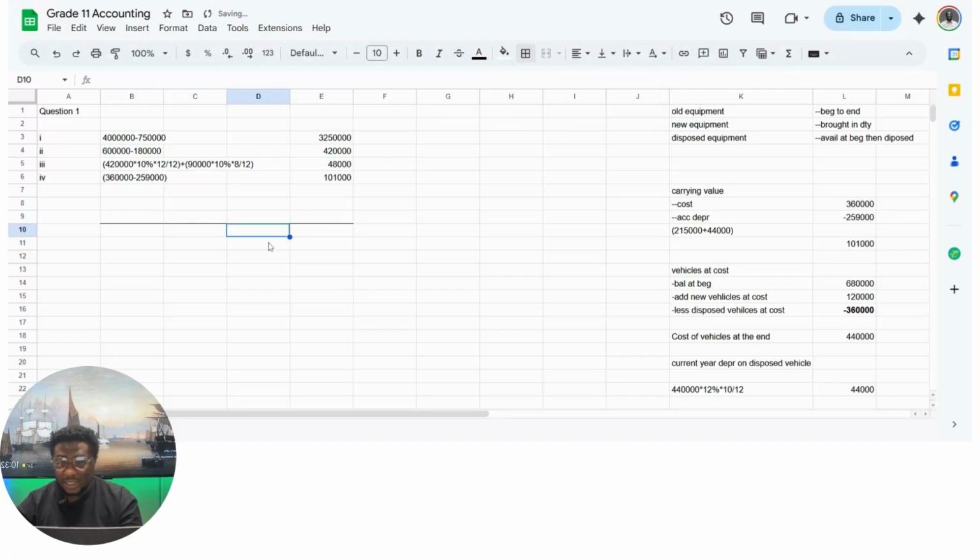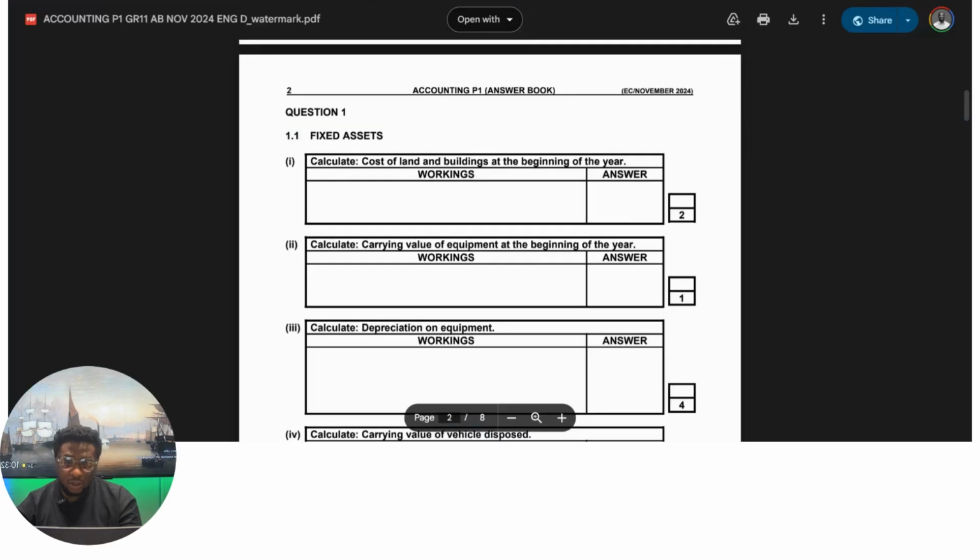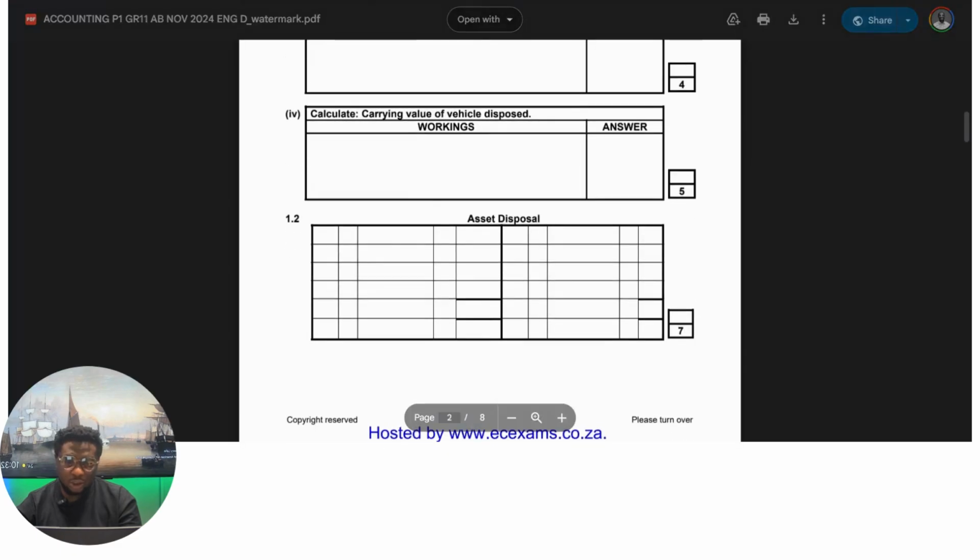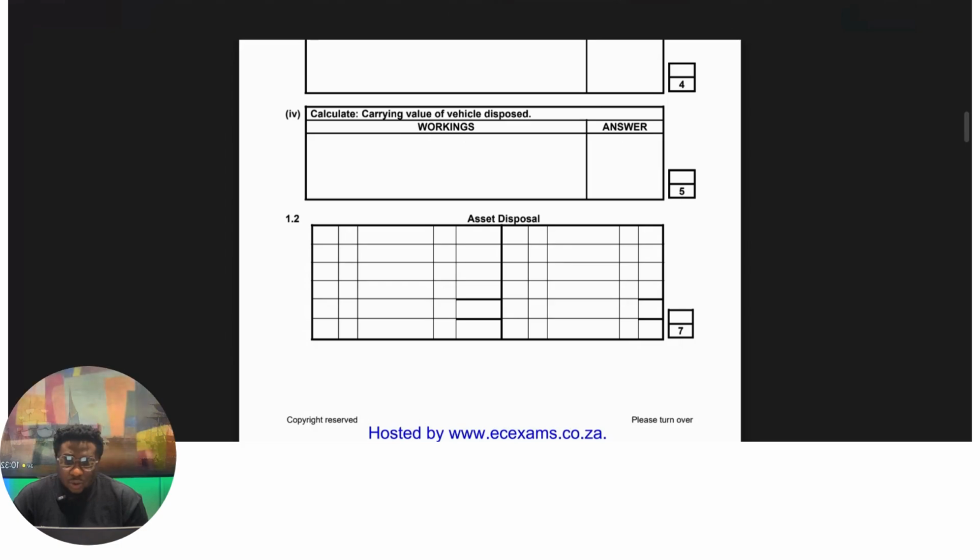Okay, so asset disposal, I'm just going to do it in a T account. As you can see in the answer book, there are all sorts of columns and folio and stuff like that. A lot of these things, when we're doing an asset disposal, basically go to the general journal. So if you say general journal for most things, you're good to go, except maybe where it affects bank.